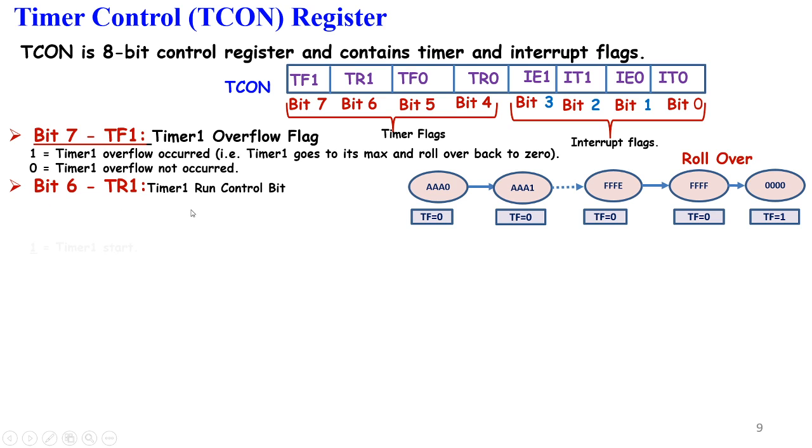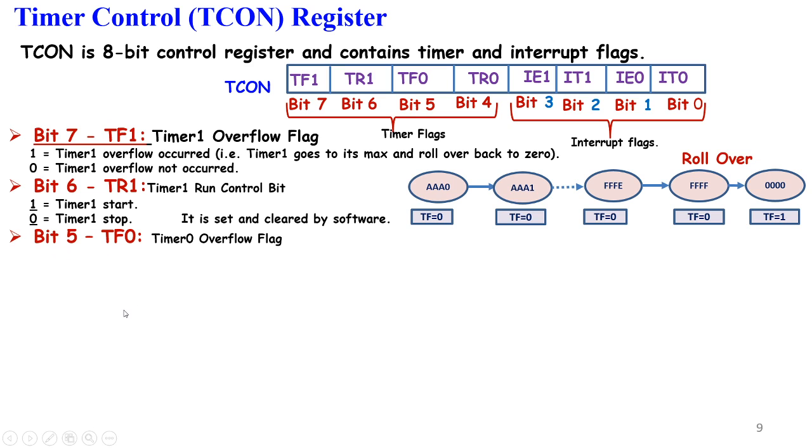TR1 means timer 1 run control bit. When TR1 is equal to 1, timer 1 starts. When it is equal to 0, timer 1 stops. It means starting the delay or count, so this bit is very important. TF0 is the timer 0 overflow, similar.